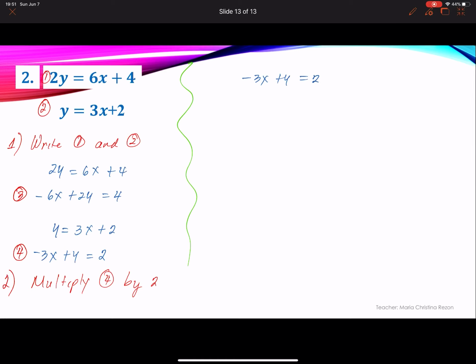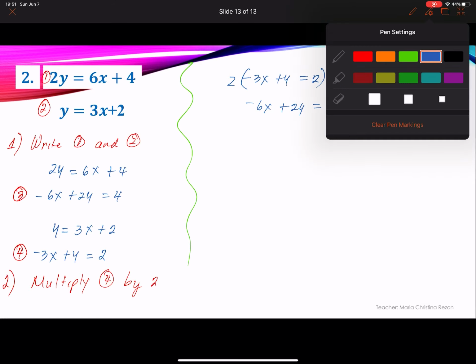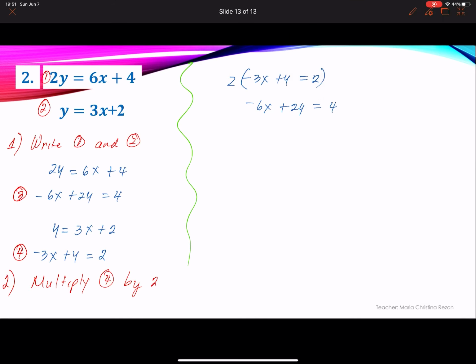And then multiply that by 2. So you have negative 6x plus 2y equals 4. And then you call this equation 5.